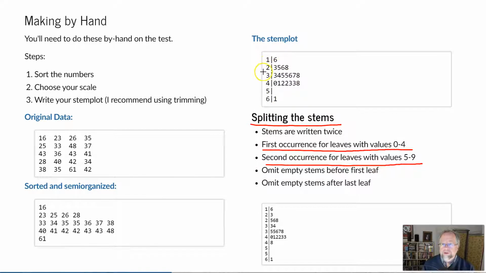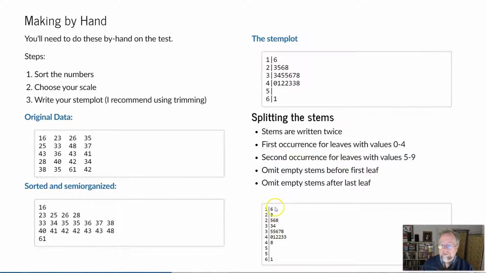So I'm going to start with the 2 here. I have 23 and 25, 26, and 28. That first 2 gets all the leaves between 0 and 4. That second 2 gets all the leaves from 5 to 9. The 3, the cutoff goes here. The first 3 gets the leaves 3 and 4. The second stem 3 gets 5, 5, 6, 7, and 8. And so it kind of spreads things out.